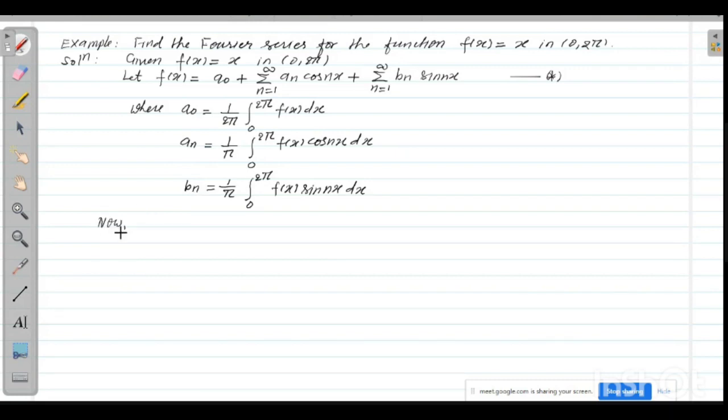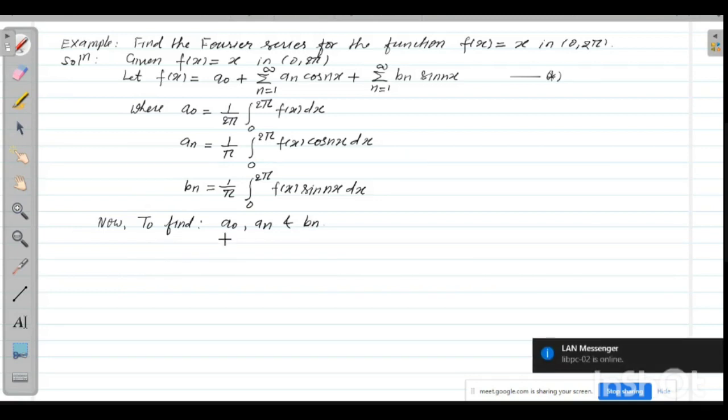Now our job is to find a naught, a n and b n. So let us find them one by one.